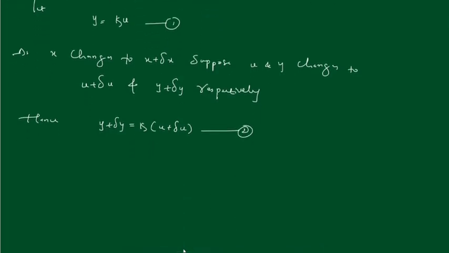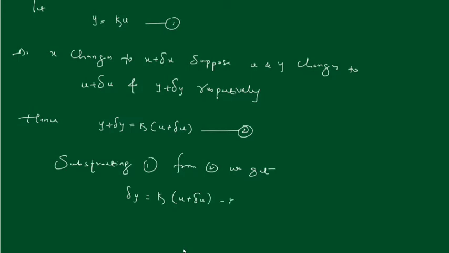So subtracting 1 from 2, we get delta y equal to k times u plus delta u minus ku. Here plus ku minus ku get cancelled.